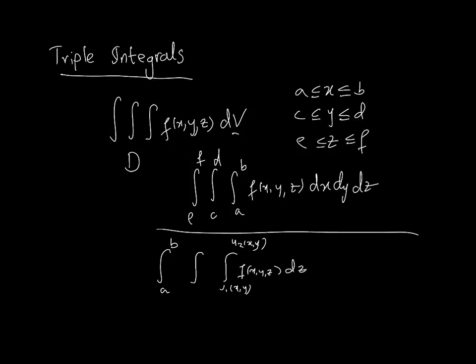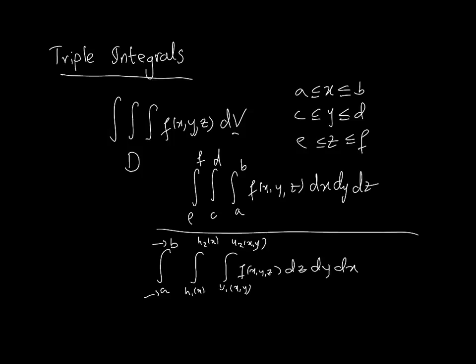Then in the next one we do y next, so you would of course have a function of x as the limits, say h1 of x up to h2 of x. That leaves you with something that has only a function of x, and the final integral with respect to x actually has numerical limits, as you see here. These a and b we expect to be numbers. This is just to give you an idea of how you can structure your integrals and what to expect.